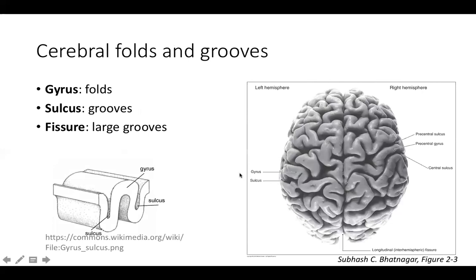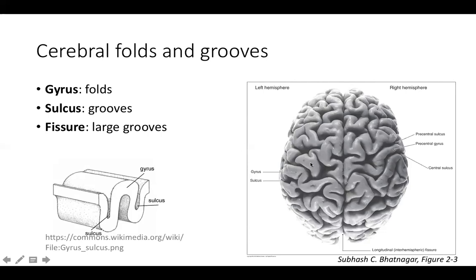What I'd like to do next is discuss with you how the brain looks, which is a lot of wrinkles. And these wrinkles have very sophisticated names. These wrinkles have grooves, which are right over here, and as you can see, they're right over here as well.